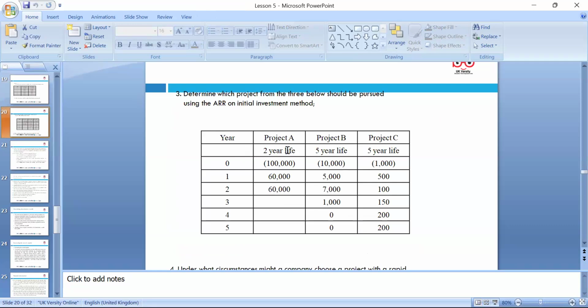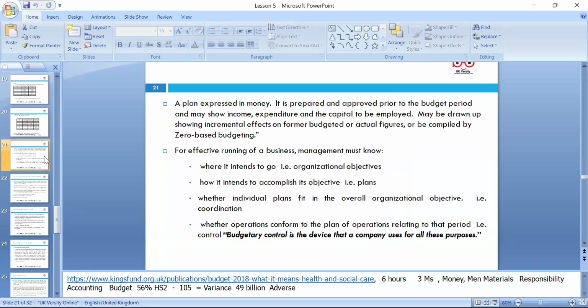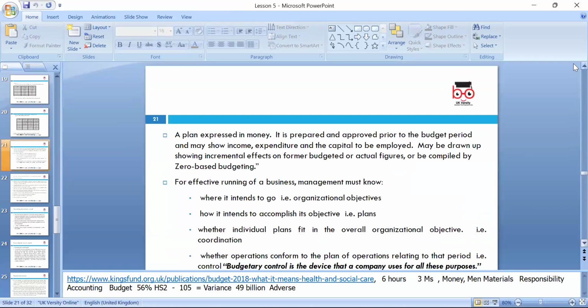In exactly the same way, we can look at the average profit of these projects as well, and then you can decide which project you will go ahead with, like in our above example. When we are planning, we need to express everything, any project you do, in terms of money.